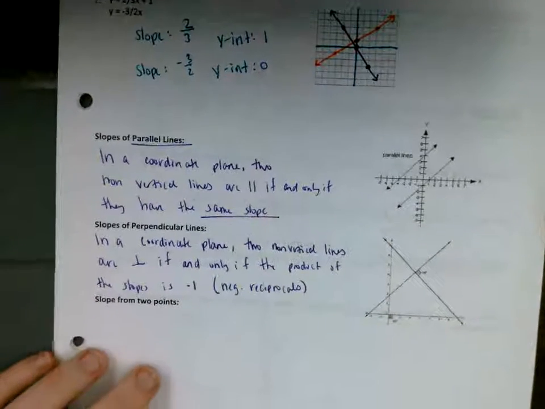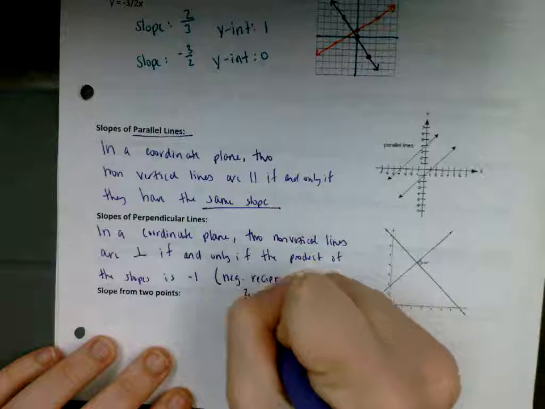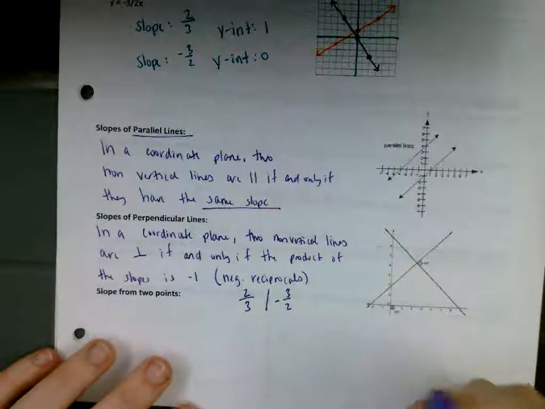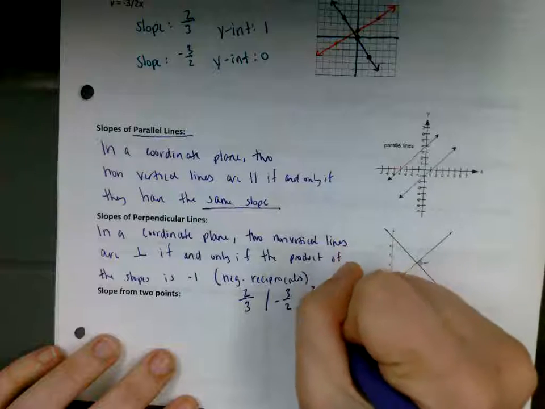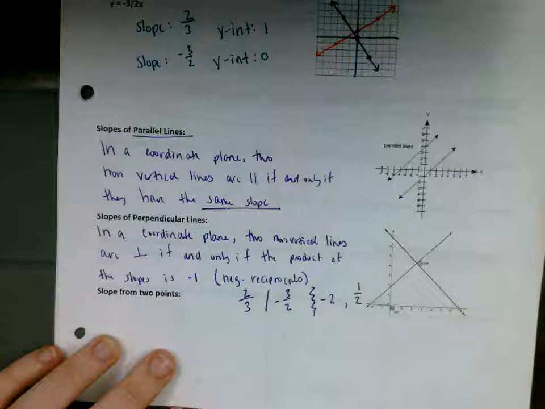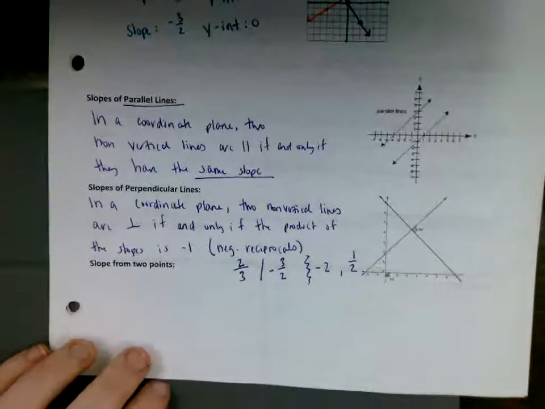So they switch signs, like 2/3 and -3/2. Or a different example would be like -2 and +1/2. So there's that for you.